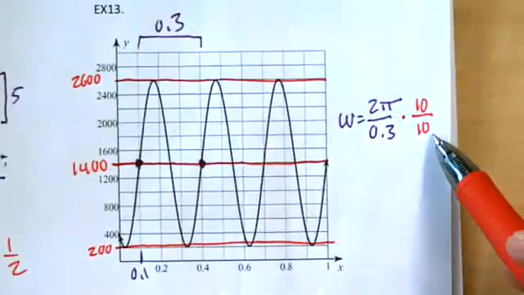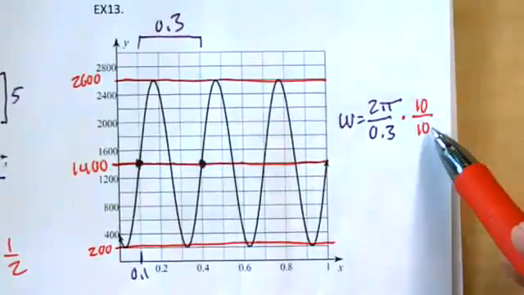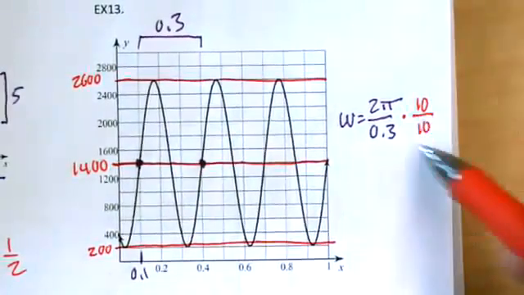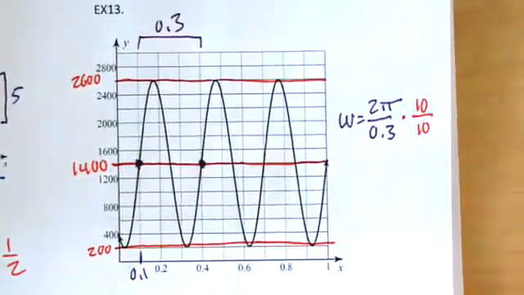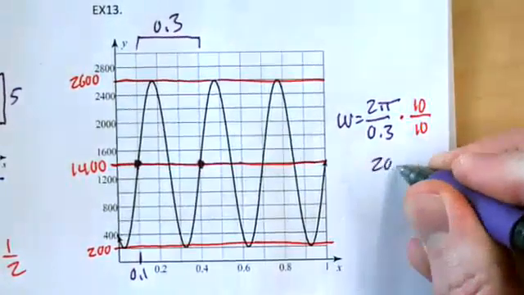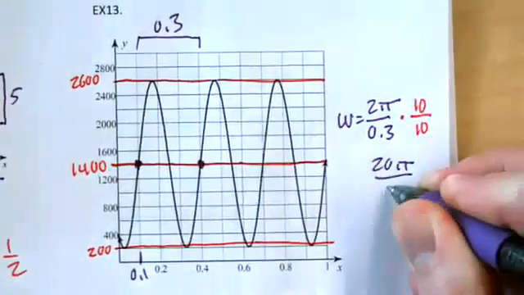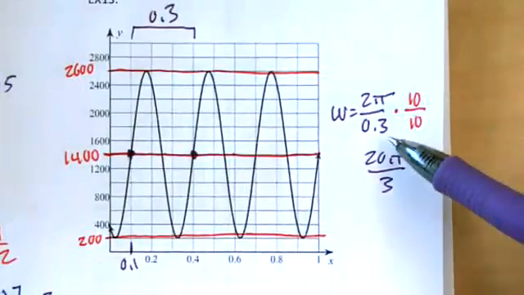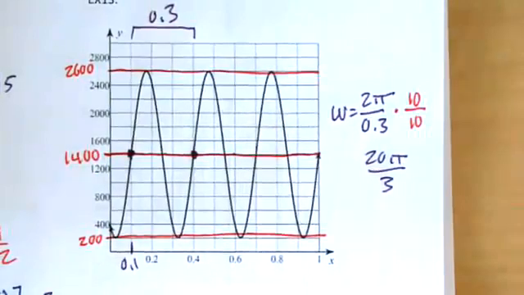10 over 3 is not 1. 10 over 10, though. If I multiply it by something other than 1, I change it. But this is not going to change it. That gives me 20 pi over 0.3 times 10, which is just 3. 20 pi over 3 is going to work. You were going to do 2 pi divided by 3/10, and you would have gotten the same thing that way. That would work too.